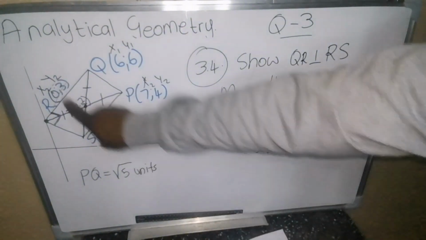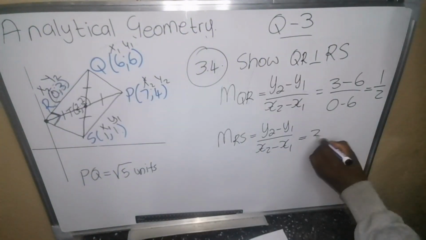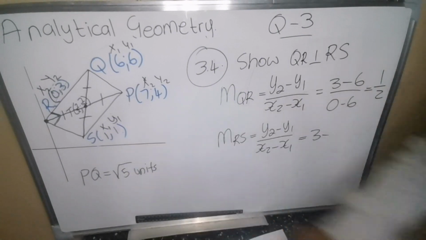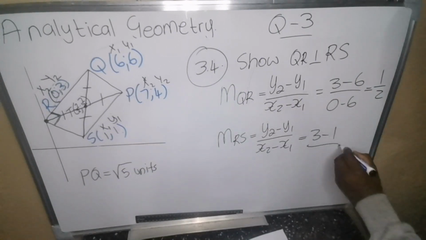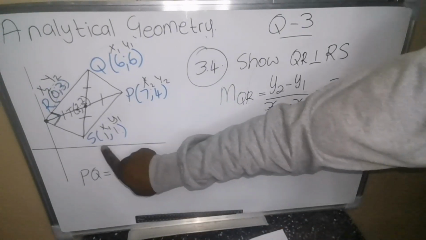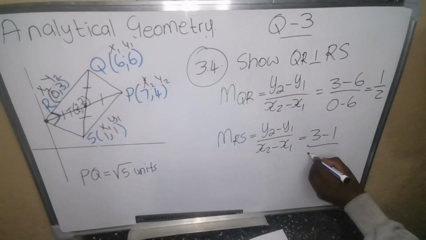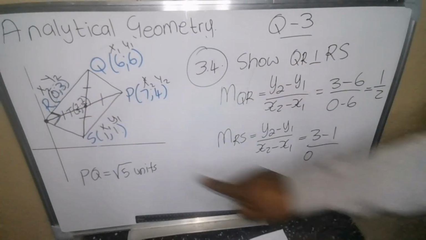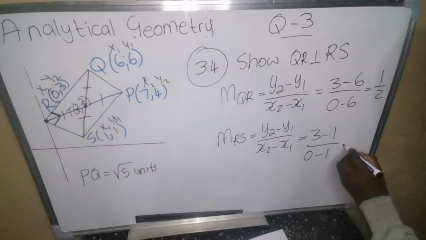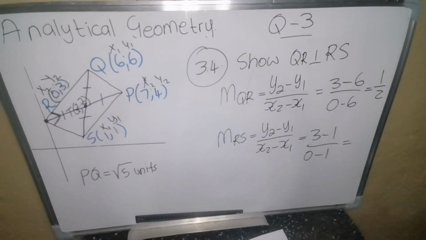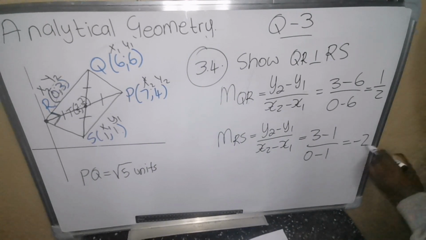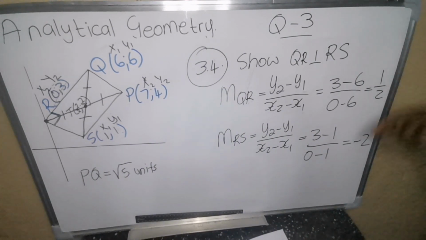Now y2 is 3 for R, y1 is 1, so 3 minus 1 is 2, and x2 is 0, then x1 is 1. Then the answer is 2 divided by -1, which is negative. The answer is -2.